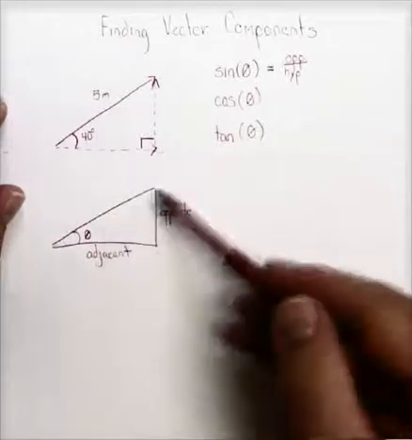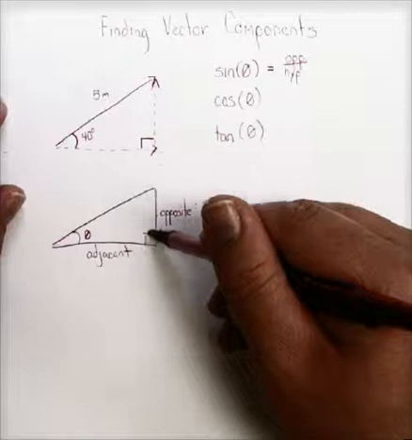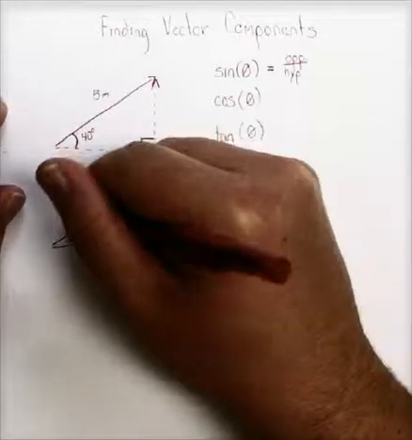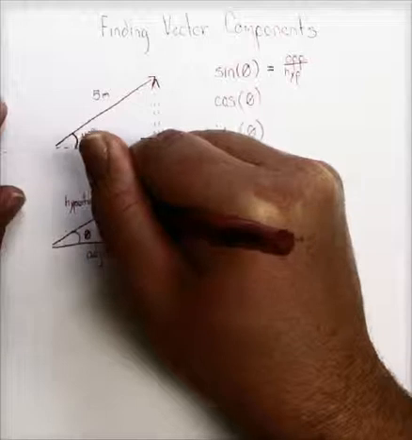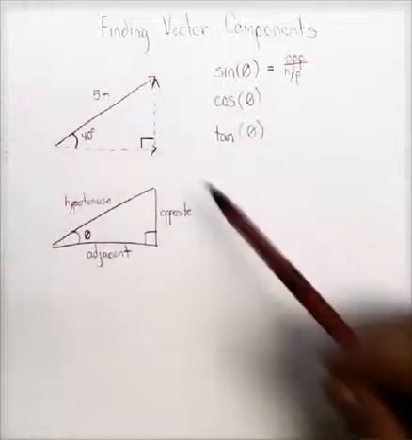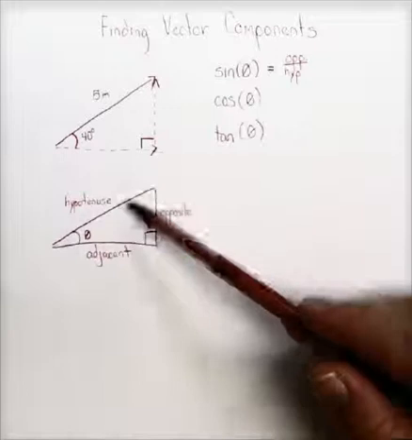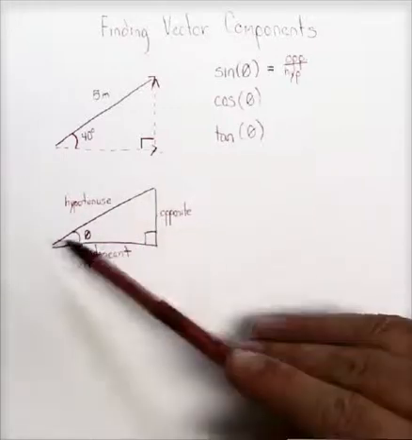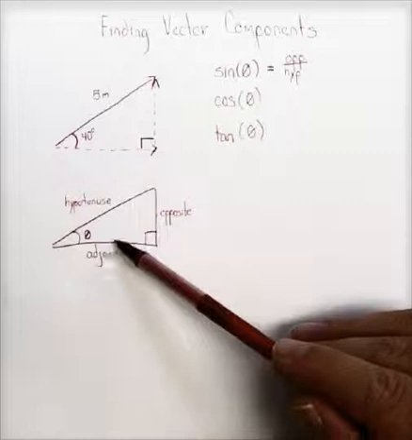And the other side, the longest side, the side that is across from the 90-degree angle, is called the hypotenuse. So the hypotenuse is the one directly across from the 90-degree angle, the longest side. The opposite side is the one directly across from the angle, and the adjacent side is the one that's touching it.